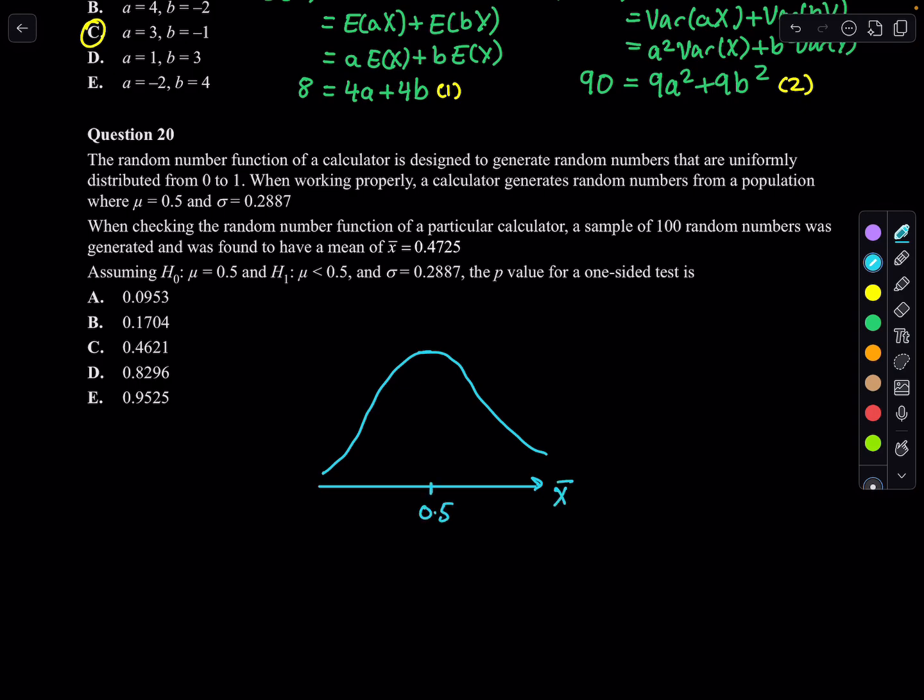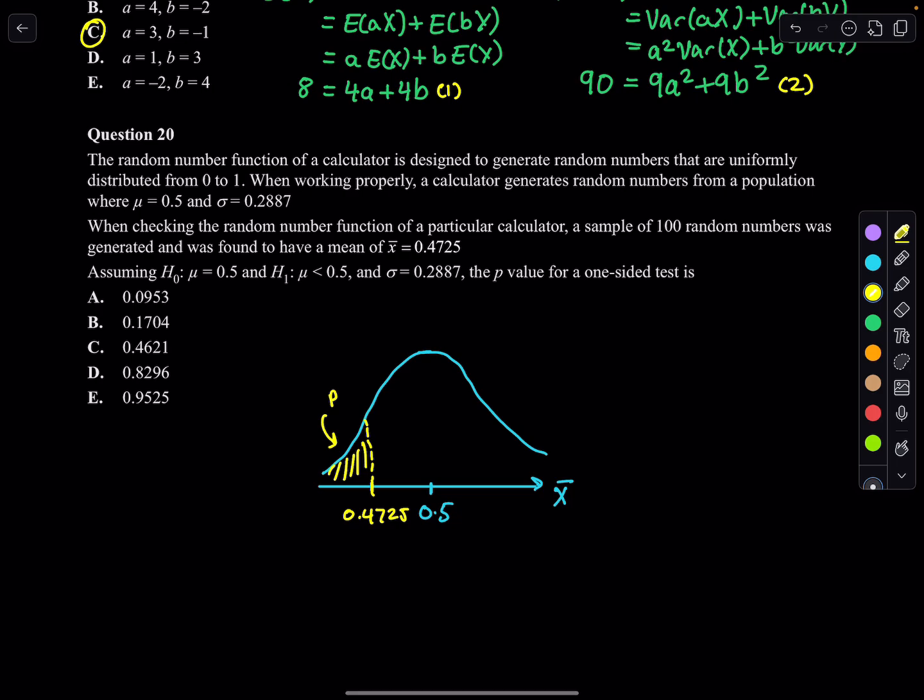When you're finding the p-value, you're assuming the null hypothesis is true, and you're trying to find the probability of actually getting that. This value here, around 0.4725. We're saying, what's the probability that it's actually less than that? This is your p-value.